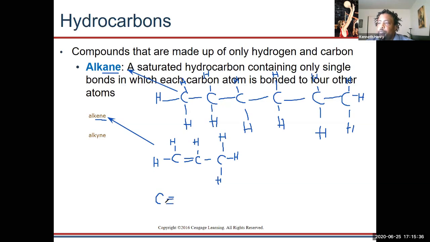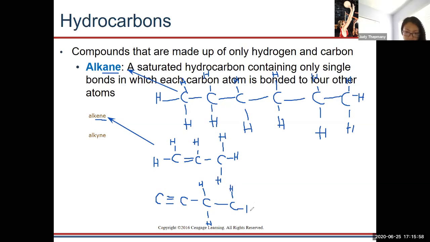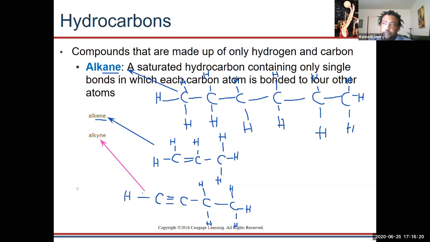So if you have at least one triple bond in this compound, it's going to be an alkyne. Okay, you guys get it?